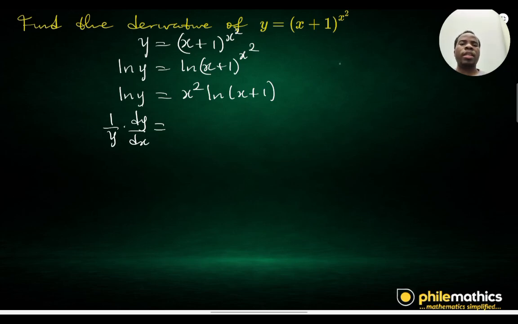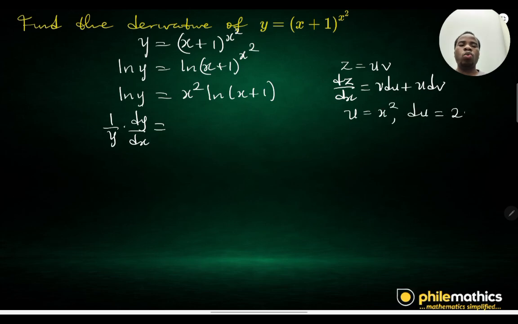Product rule says if z is a product of u and v, which are functions of x, dz/dx will be v du/dx plus u dv/dx. So if our u in this case is x squared, du/dx will be 2x.